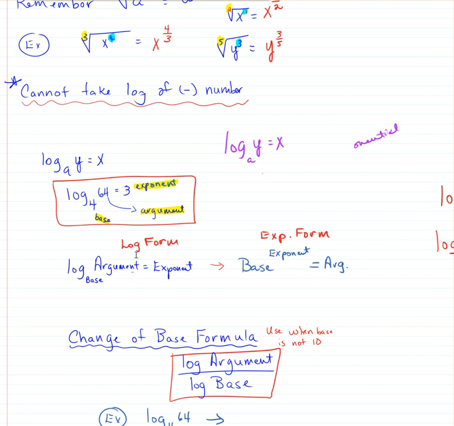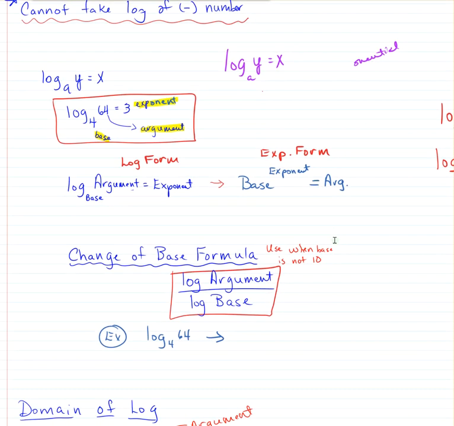So there's two forms to remember. Log base of argument equals exponent, and then base to the exponent equals argument. So this is log form, this is exponential form. You will have to be able to go both ways. All right?